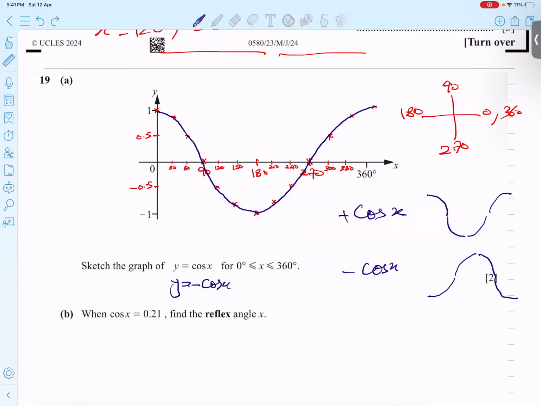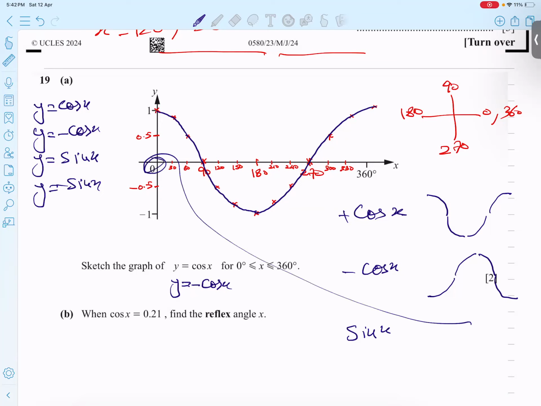So I'm going to assign 4 jobs. y equals cos x, I have done it. y equals negative cos x, you have to try. y equals sin x, you can try. y equals minus sin x, you can try. And all are the same, but I tell you one thing. Sin x is not like that. Sin x will start from 0. It will start like this.